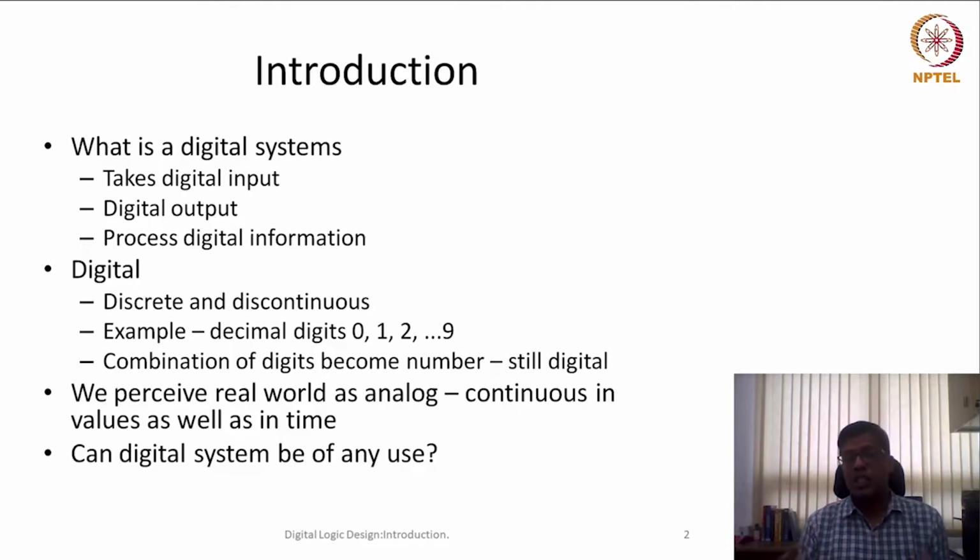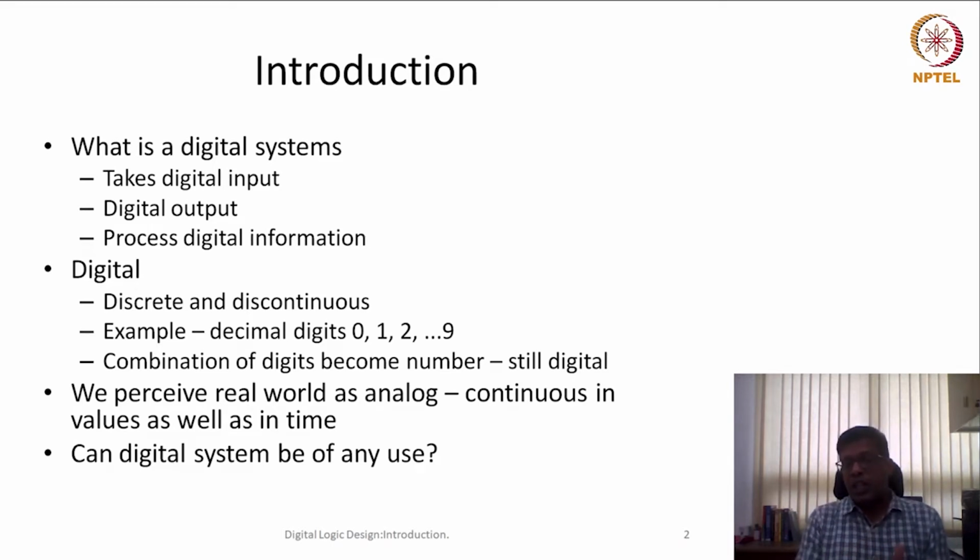What is the meaning of digital system? A system is usually a closed entity which has some definitive input and some definitive output. A digital system will take a digital input, meaning some discrete numbers as input, and it will also give digital output. It will also process this information and do some sort of calculations and give this output.